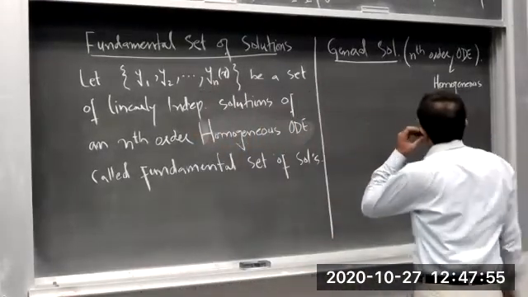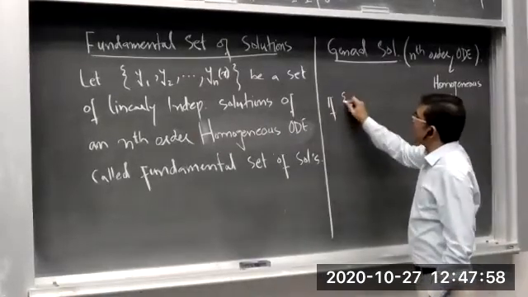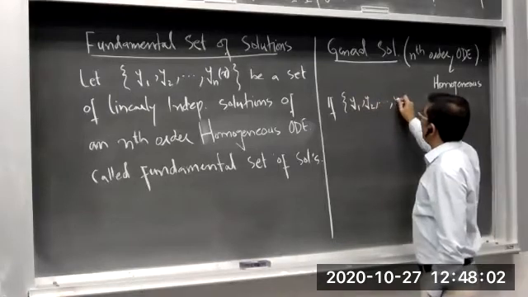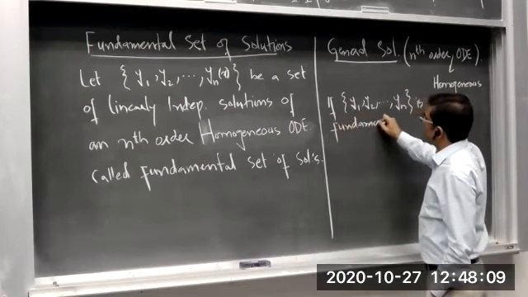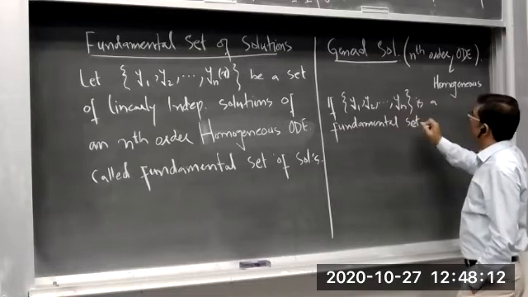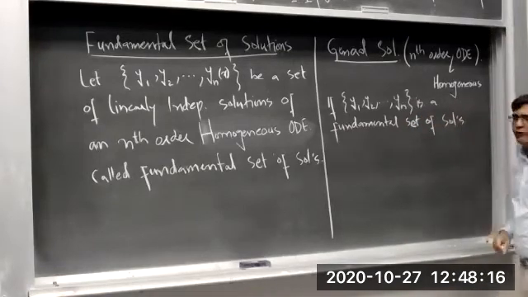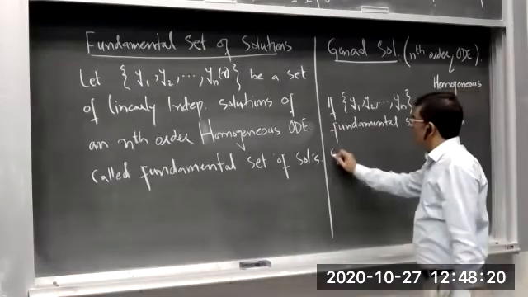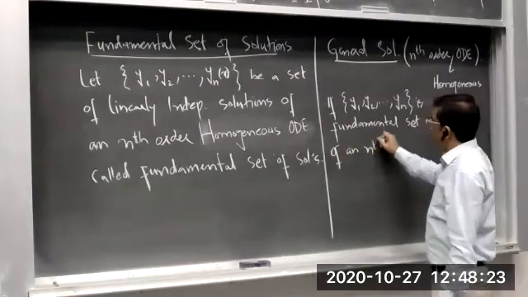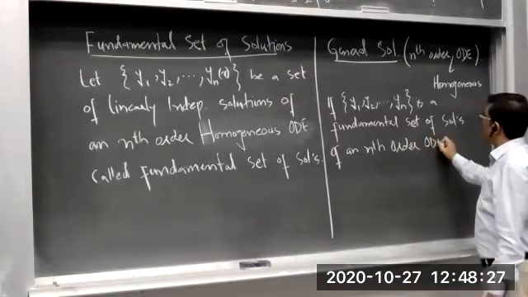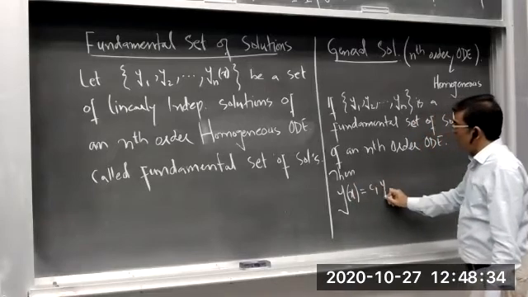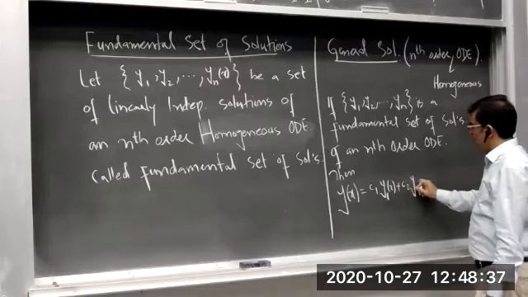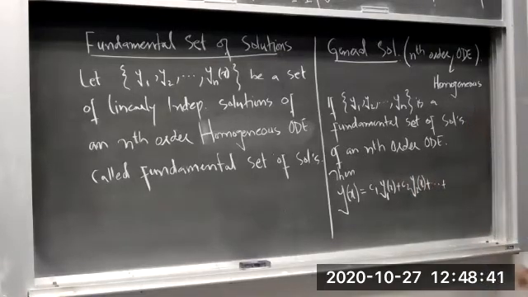ठीक है, जनरल सॉल्यूशन अगर इफ आपके पास y1 y2 so on yn is a fundamental set, the fundamental set of solutions of an nth order ODE, then the function y of x equals c1 y1 of x plus c2 y2 of x plus so on plus cn yn of x.